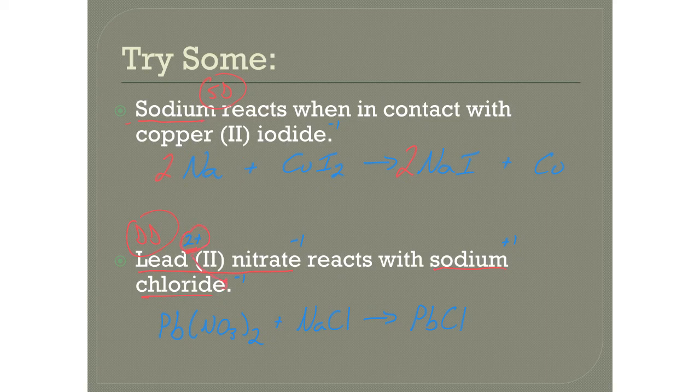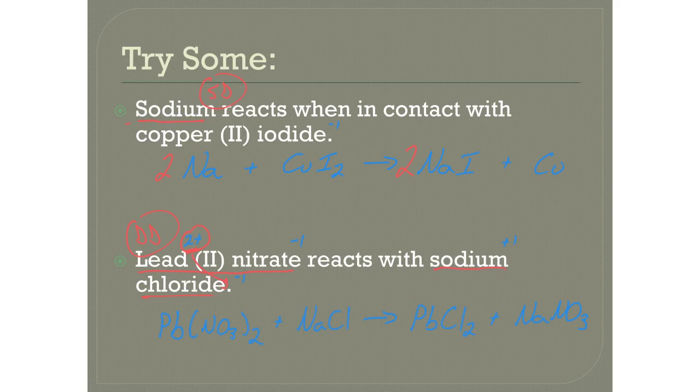So it's going to be PbCl2. So don't forget those naming rules that we looked at. And if you need to review those in our earlier videos, go back and do that. But I have PbCl2 plus NaNO3, sodium nitrate. And those both have a charge of 1, so it's okay as it's written there.